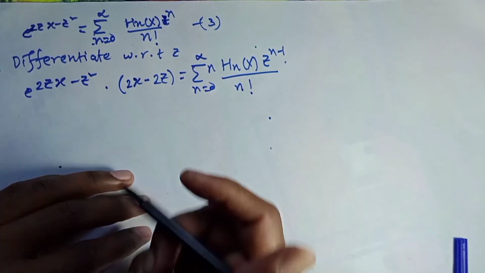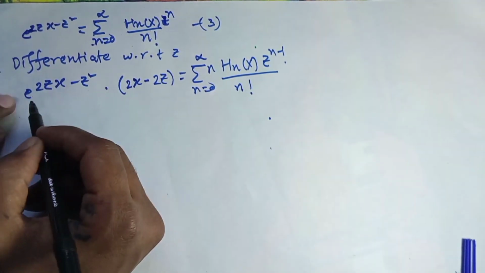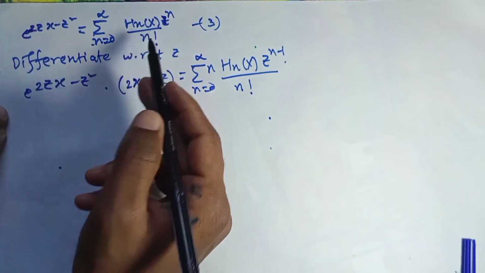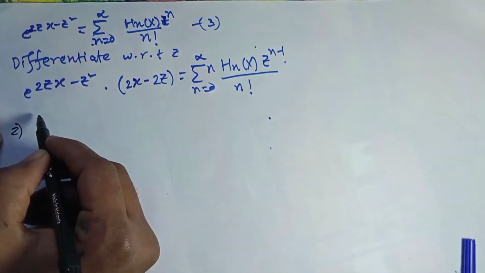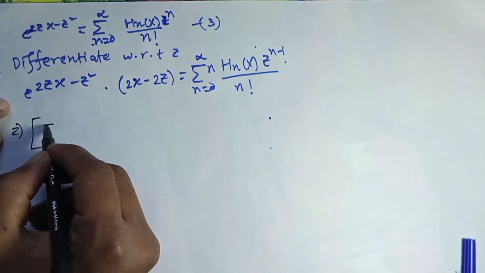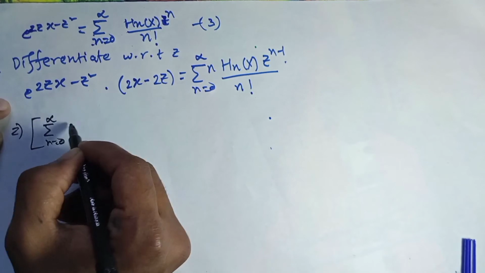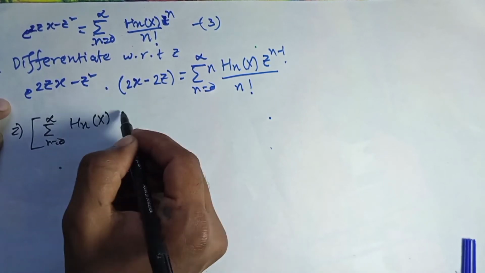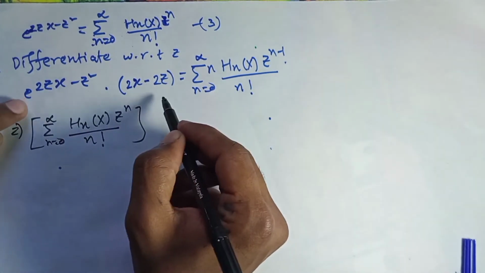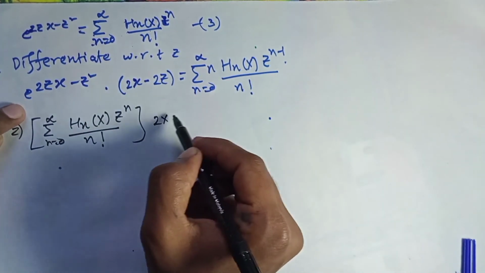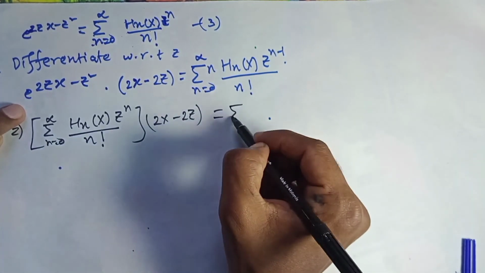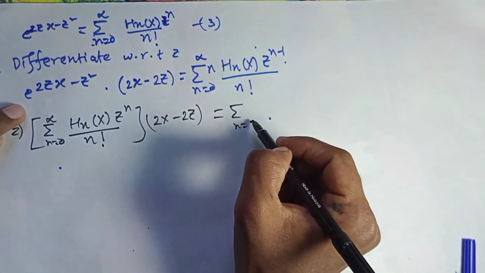We see that e to the power 2zx minus z squared is equal to the summation of Hn of x, z to the power n divided by factorial n. So this is 2x minus 2z, equal to the summation n goes from 0 to infinity.